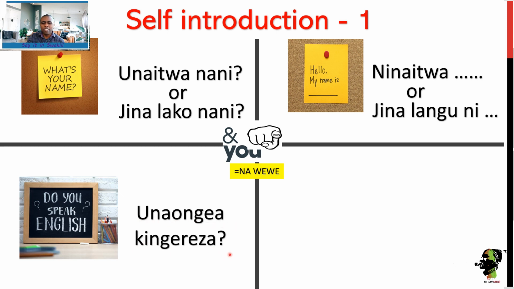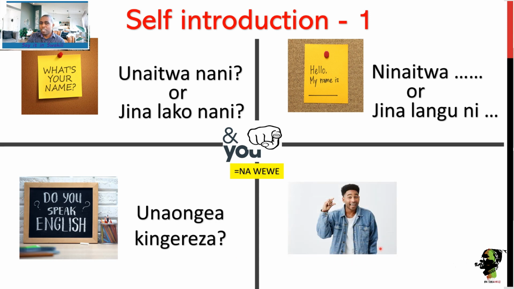Unaongea Kiingereza? If you speak it, I don't want to go to you if you speak it first, but if it was Kiswahili, you'd say kidogo tu, just a little bit. Kidogo tu, just a little bit. And if you wanted to go back and say yes, do you remember that phrase yes?